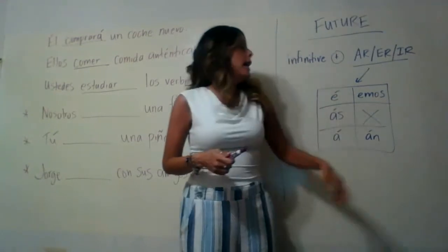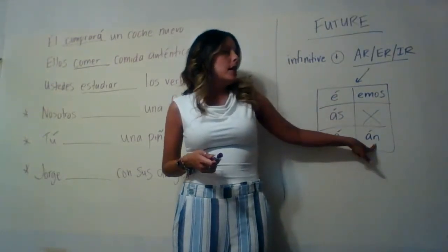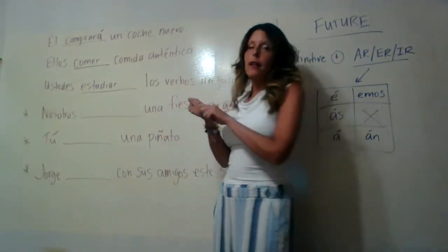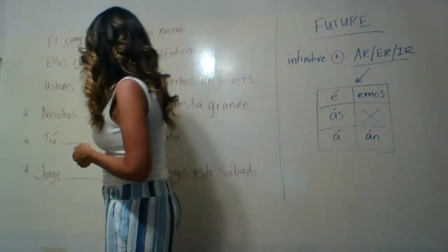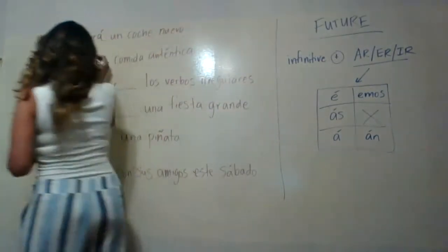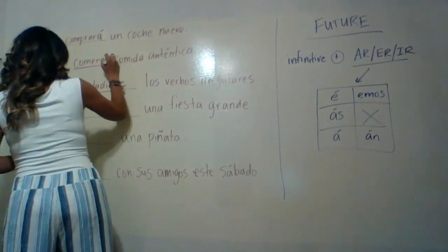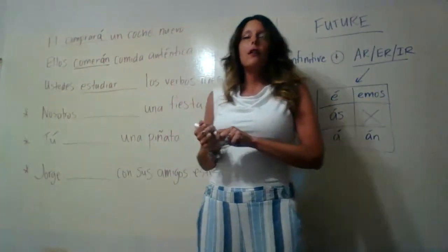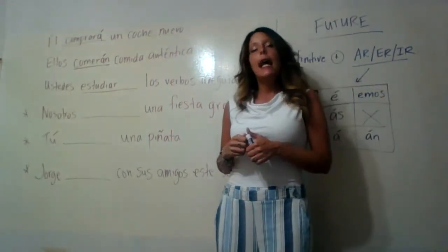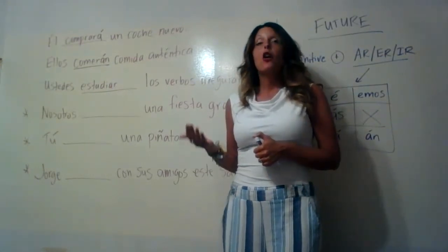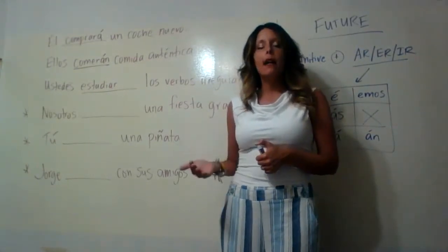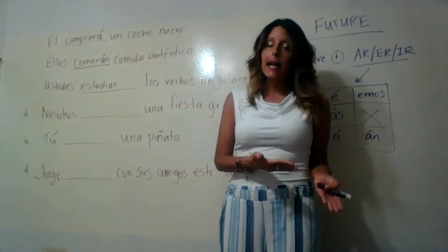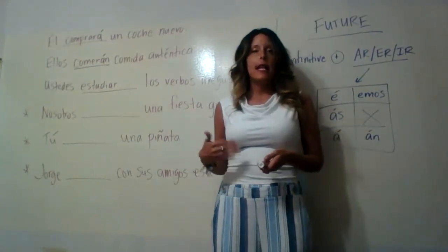Since they, a third person plural subject, appears in our sentence, we're going to attach this ending to the verb comer in the infinitive. So we're going to add the A-N, and the A with an accent. And then that sentence is also now done. So the whole sentence would be, ellos comerán comida auténtica. Ellos comerán comida auténtica means they will eat authentic food.